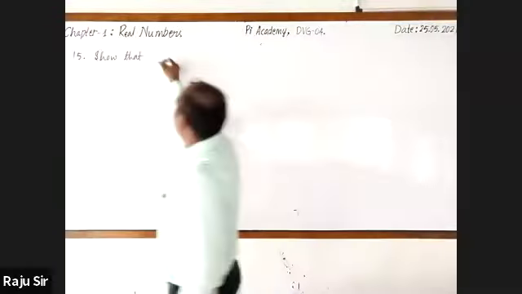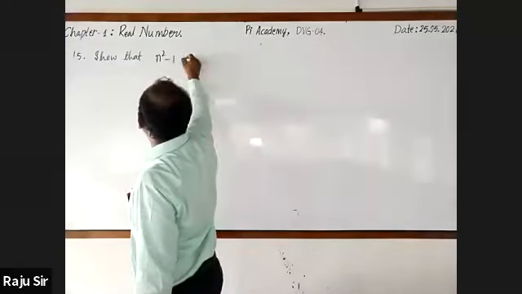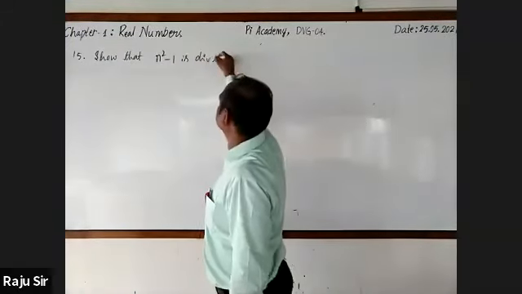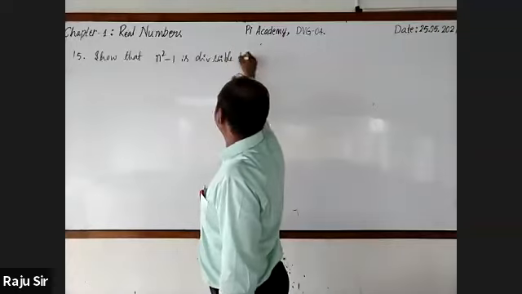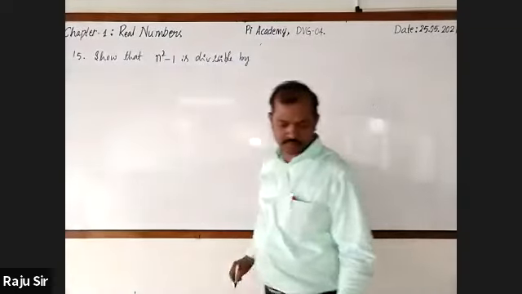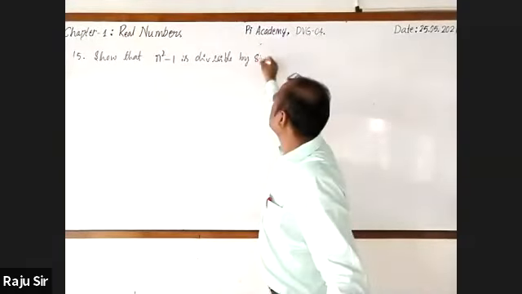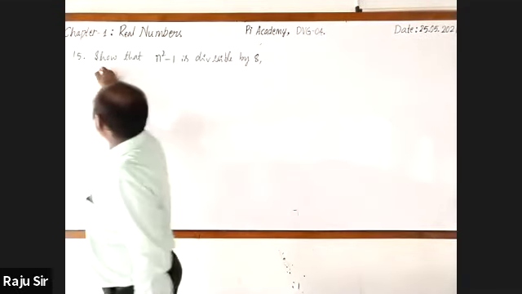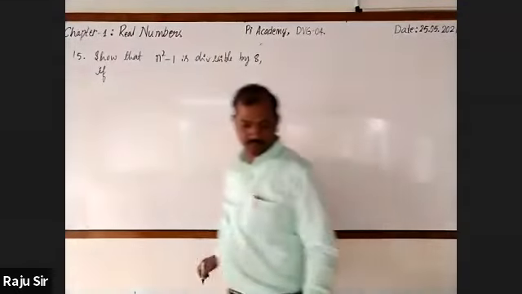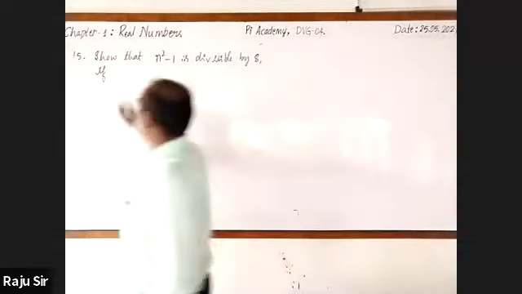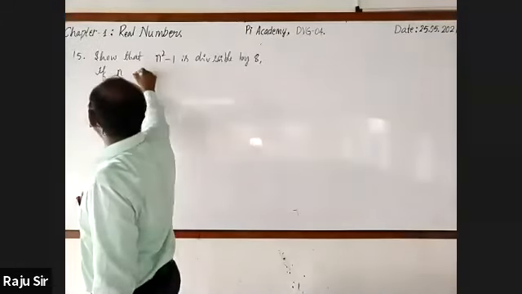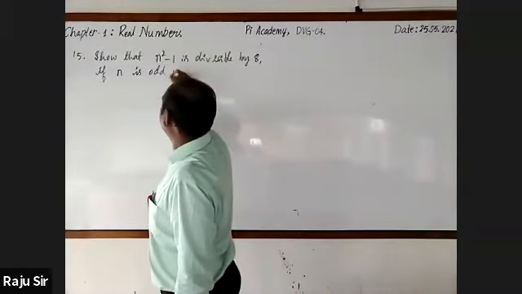Okay. Show that n square minus 1 is divisible by 8 if n is odd positive. N is odd positive integer.